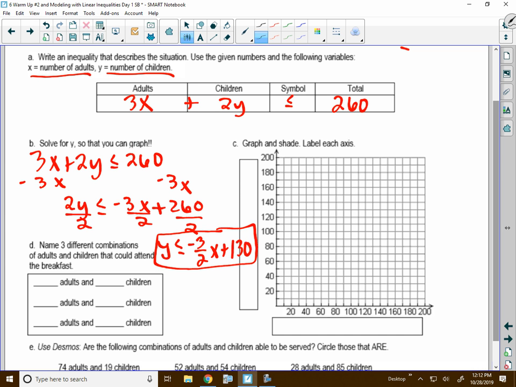That should be your equation when you get finished rewriting. I kind of went over into my labels for my y-axis.